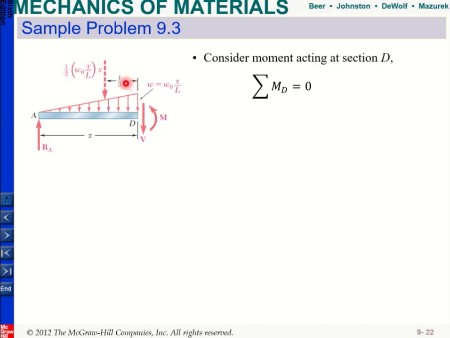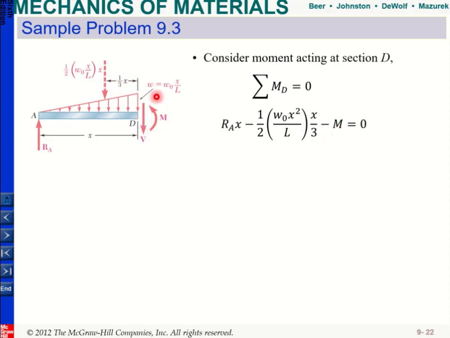If you write your moment at point D, taking a moment there, I have RA times x. Then I have 1 over 2, the area under this triangle, times this length, W naught x over L, times x. This gives me the area, and I need to multiply with the distance, which is x over 3.